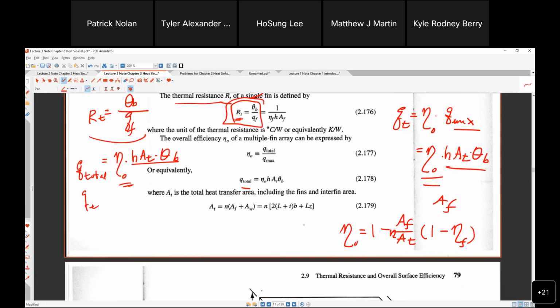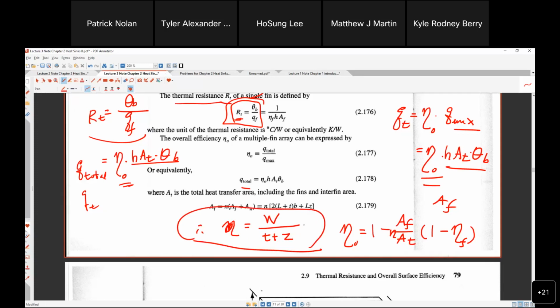N is a number of fin. So total W is a total width divided by what would be the number of fin, which is T plus G, where G is the spacing between the fins. Do you understand this?